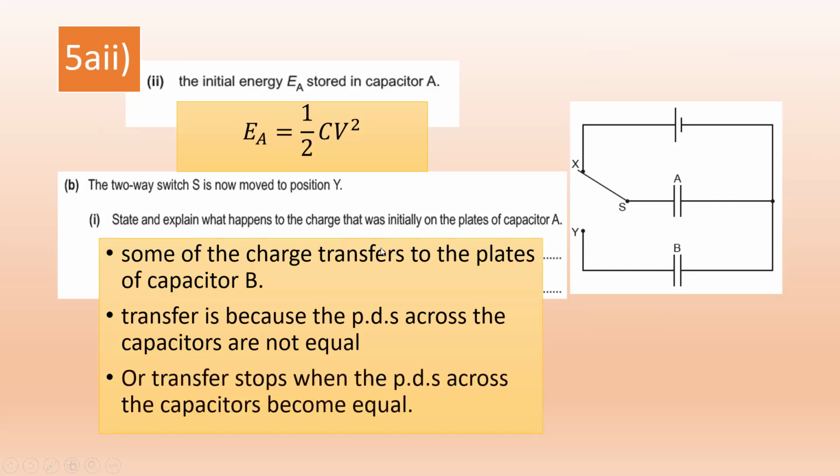Some of the charge transfers to the plates of capacitor B. The transfer stops when the PD across the capacitors is equal. So the charge at A is transferred to B until the PD across both of them is the same. Then the charge stops moving.